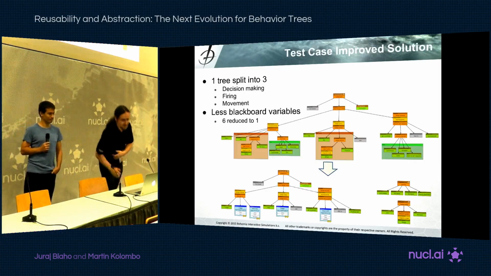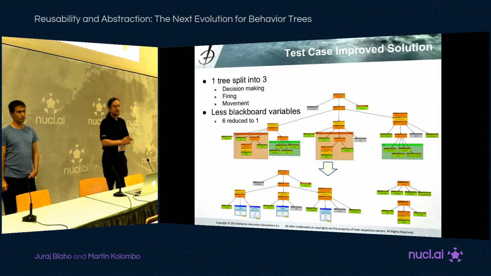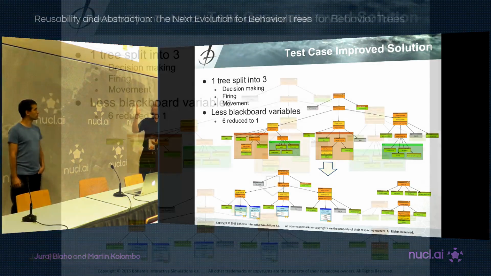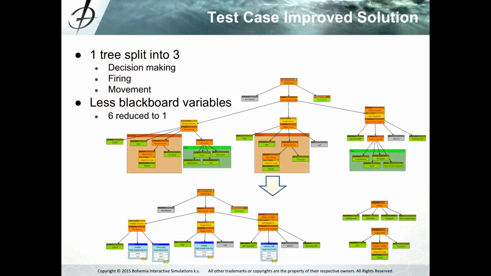So after all of these improvements are incorporated into our example, we have the resulting 3 trees. So we have the top level decision-making behavior tree, and then on the side we can see the 2 implementations of the firing and movement respectively. So we see that we've reduced the tree size quite a bit.